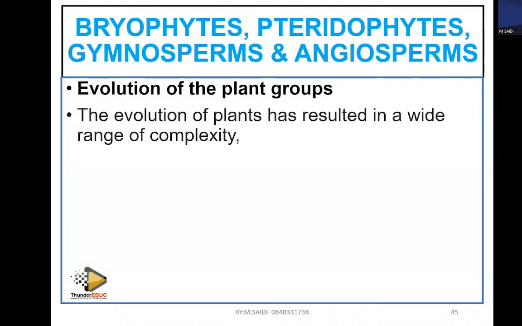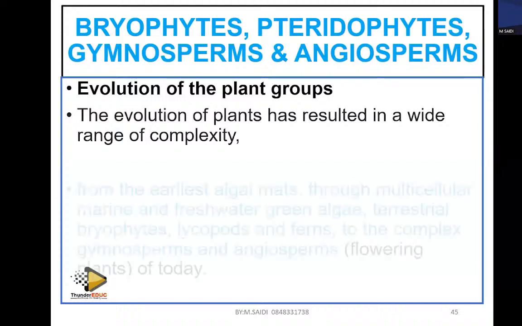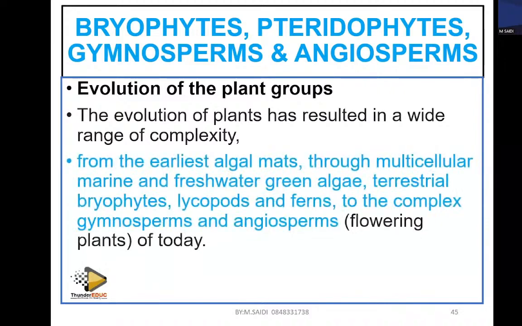So evolution occurs not only in other organisms, but also in plants. How did these plants evolve, and which one is the simplest form, and which one is the most developed plant? Plants basically evolved from what we call the algae, through multicellular marine and fresh water organisms.